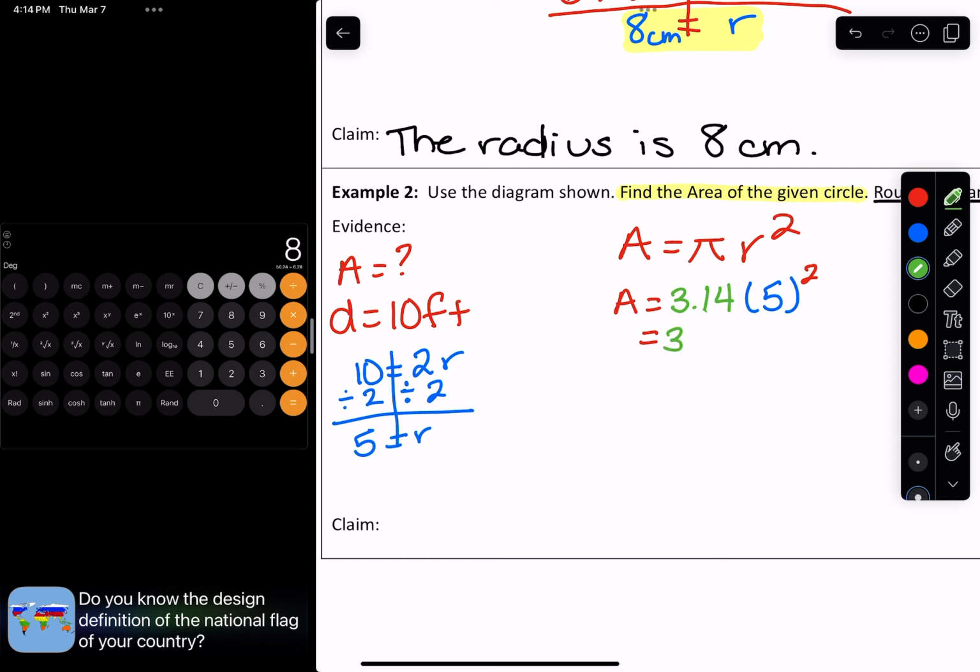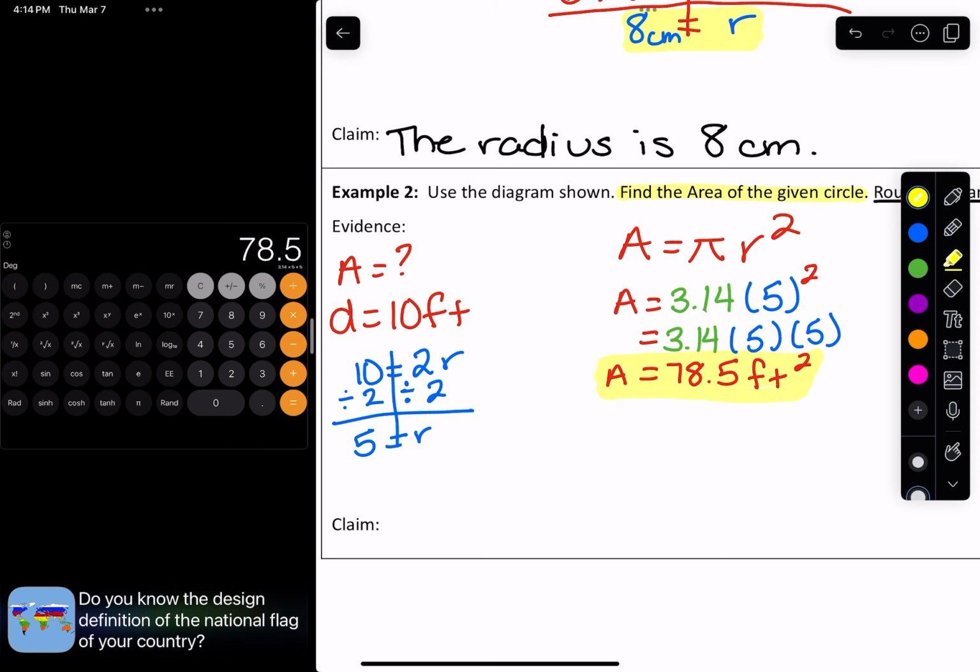So I'm going to have 3.14 times 5 times 5. Okay. That's what I'm going to do on the calculator. So 3.14 times 5 times 5. That gives me that A is equal to 78.5. And because it's area, it has to be feet squared.